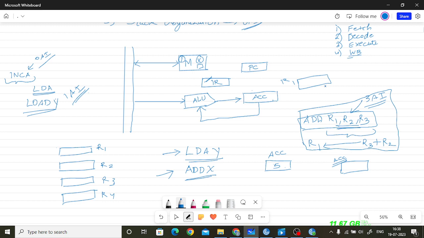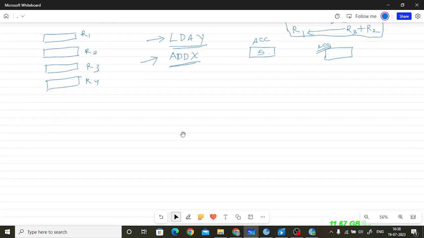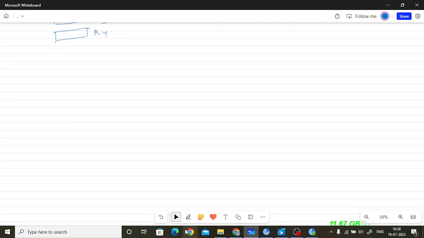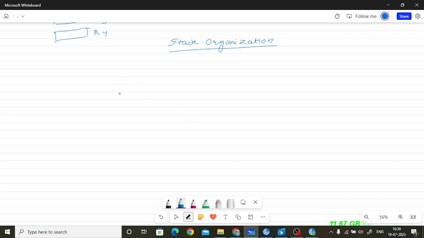And let's come on to the third type, our stack organization, our stack type of CPU organization. So in stack organization, we will be having registers like we have in general register organization.